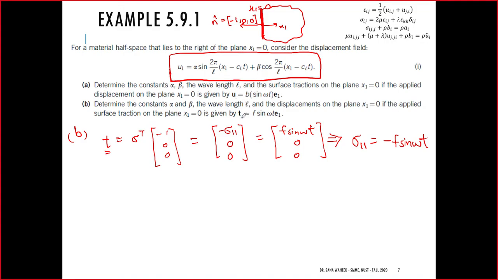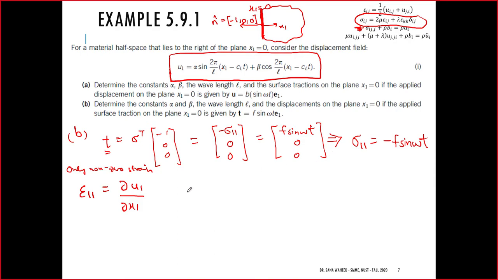Okay, so still I hope you all can see कि u1 is just a function of x1, which means that the only strain component that's going to exist is going to be epsilon 1, 1. फिर से सिर्फ वही रह गया, because only non-zero strain is this one. और इसी से, अब वही बात है, we just directly use Hooke's law to then figure out कि sigma 1, 1 है क्या होना है.